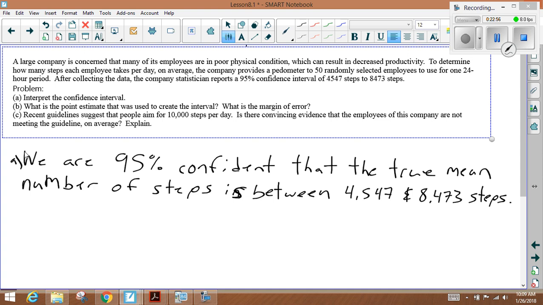Okay. What is the point estimate that was used to create this interval? It must have been x bar, right? 6,510 is right in the middle.